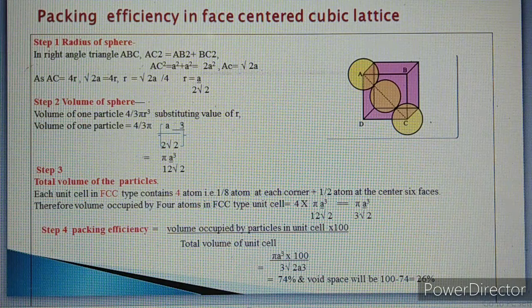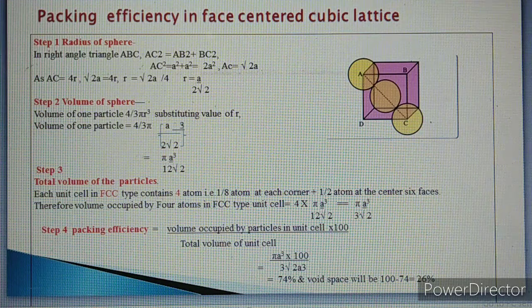So 4 by 3 pi a upon 2 root 2 whole cube. If we solve this cube, then we will get volume of one sphere or one particle in a given unit cell, that will be 4 pi a cube upon 12 root 2. If we solve this, we will get volume of sphere will be pi a cube divided by 12 root 2.